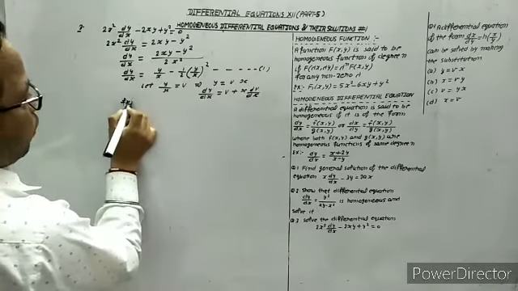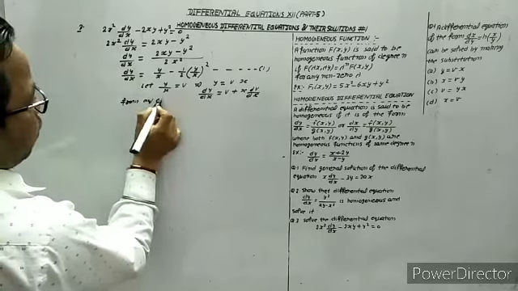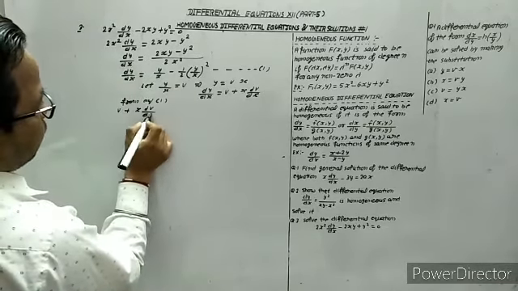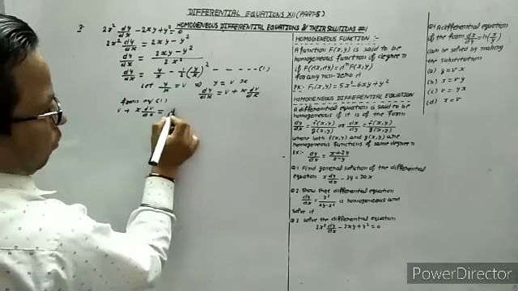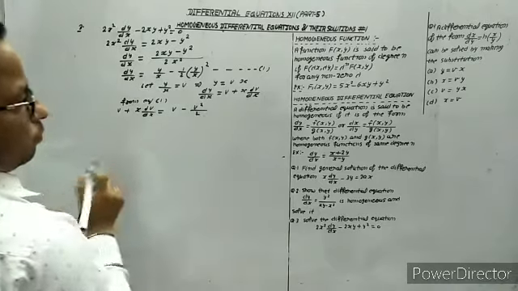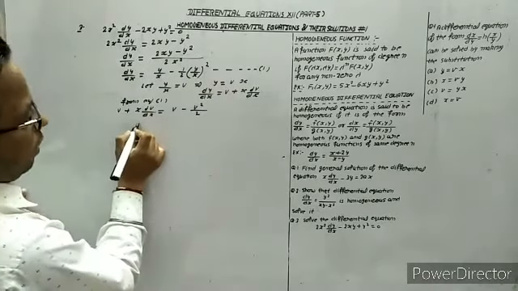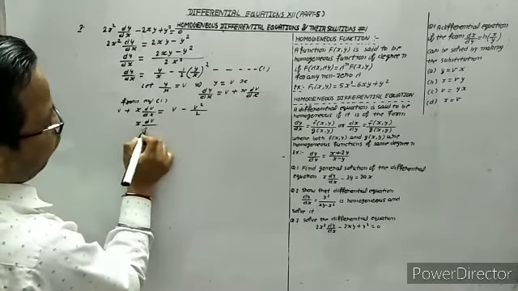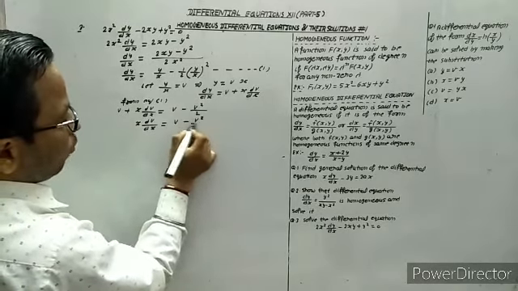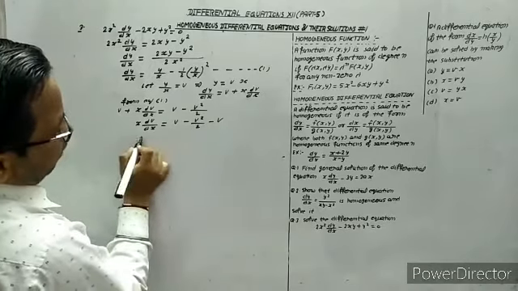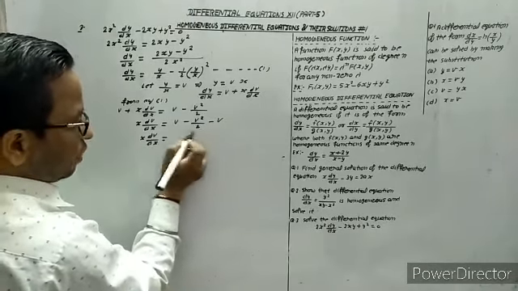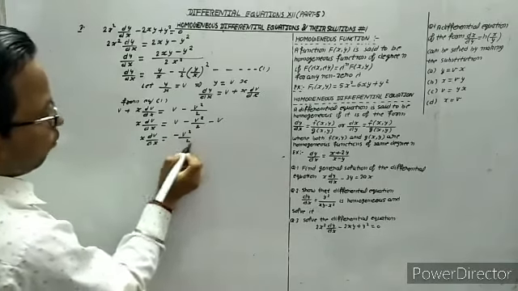Now from equation 1, v plus x dv over dx is equal to v minus v² upon 2, because y upon x is equal to v. It means x dv over dx is equal to v minus v² upon 2 minus v. It means x dv over dx is equal to, we cancel out, minus v² upon 2.